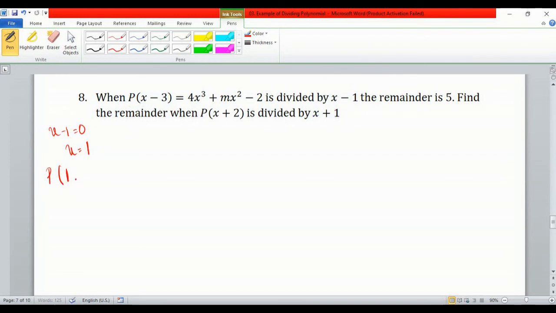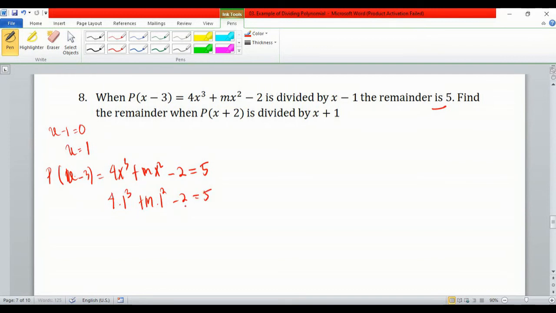p(1). And then p(x) minus 3 is equal to 4x power 3 plus mx squared minus 2, it's equal to 5. Why the 5? Because the remainder is 5. And then you just need to substitute 1 for each variable x. 4 times 1 power 3 plus m times 1 power 2 minus 2 is equal to 5.